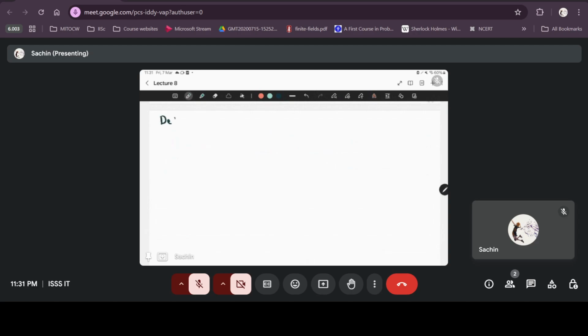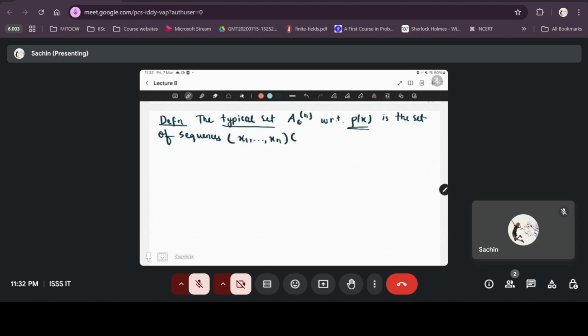So again, we have a definition. The typical set A epsilon of n with respect to some distribution p of x. So the typical set will change if the distribution changes. Is the set of, this is important, the set of sequences, n-length sequences x1, x2, xn belonging to the set X^n. So each of these x1, x2, xn is one particular realization.